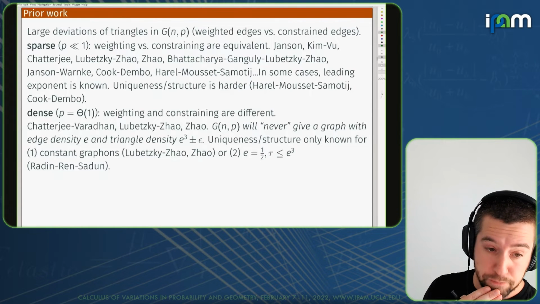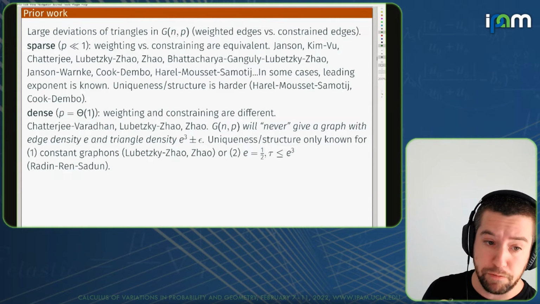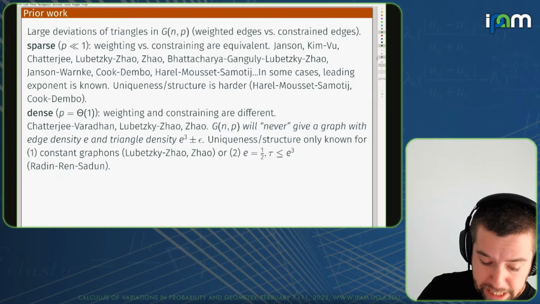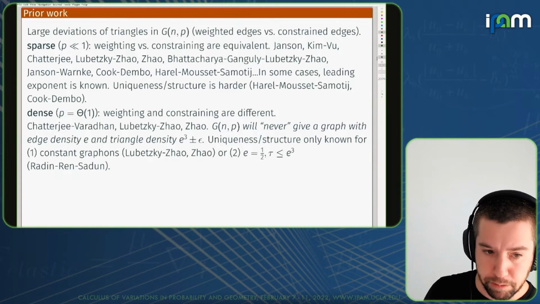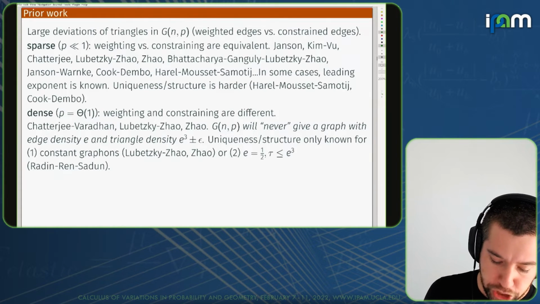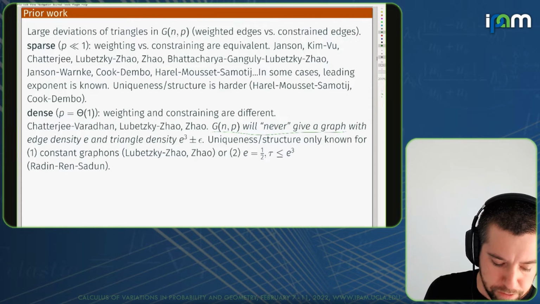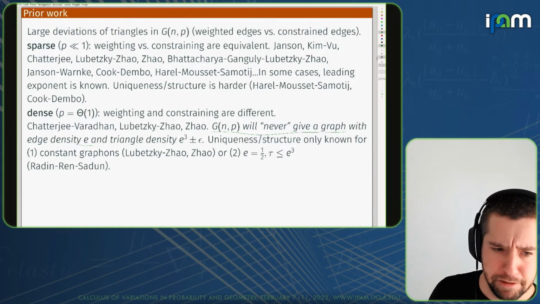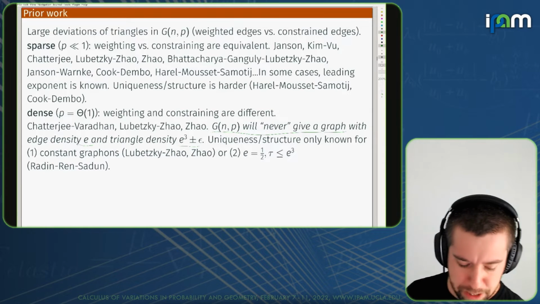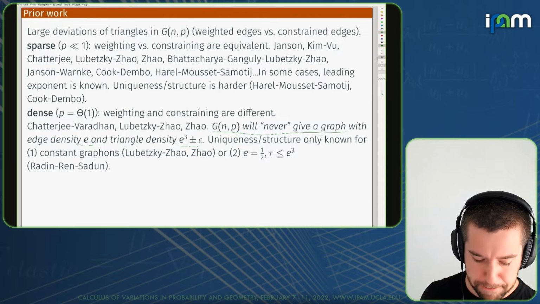But in fact, for problems like large deviations, there's a huge difference between weighting the edge probability and constraining the number of edges. If you take G(n,p), which is what people usually study, and condition it to have certain triangle densities, you never get a graph that has edge density e and a triangle density a little bit less than e, for example. I may be able to say a little more about that in a second.